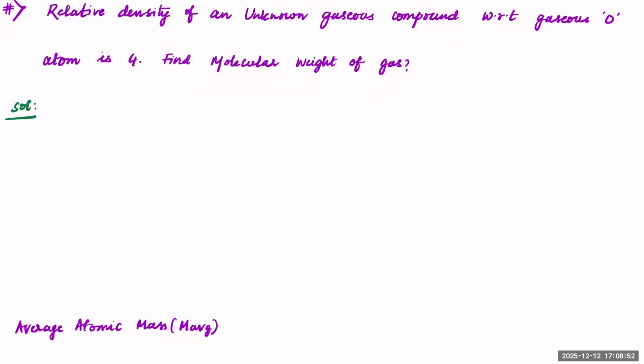Vapor density of a gas by definition here is density of a gas divided by density of oxygen at constant temperature and pressure. So that means it is molar mass of a gas divided by molar mass of oxygen, and that is given as 4.